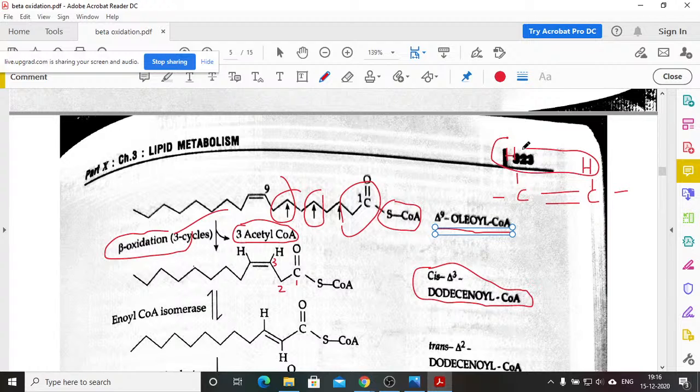And if it is trans, then the configuration is the other way around.